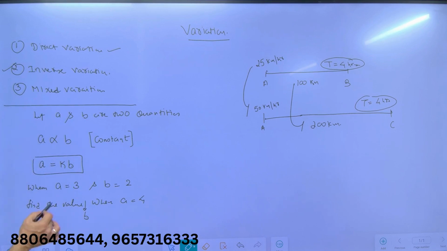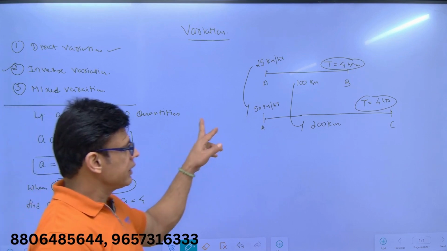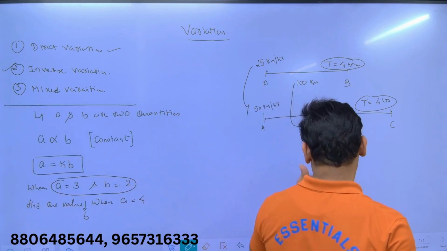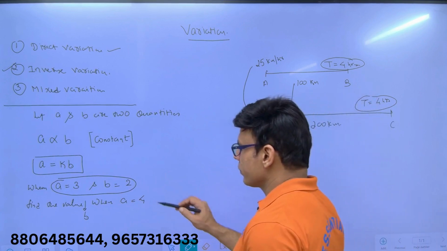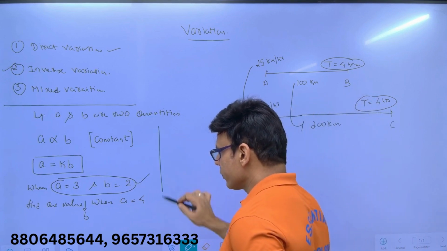So the first set of values will be given to you to find the value of K, because K is your constant, it will not change. Like in this case, time is 4 hours, it does not change. Speed changes, distance changes, but time is constant. So the first set of values will help you find the constant.